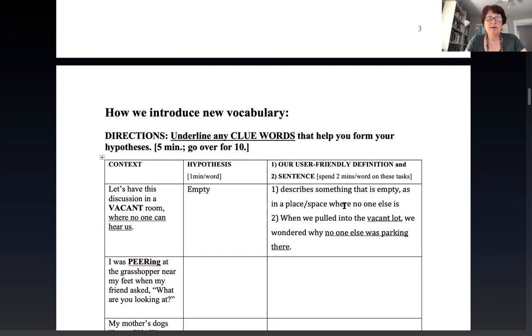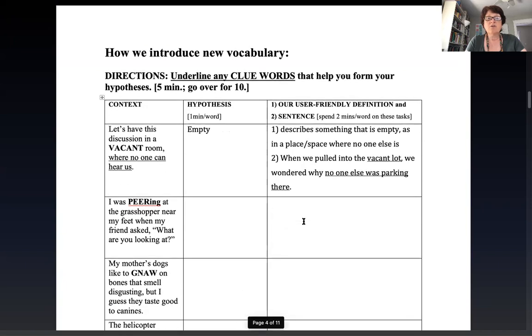And then depending on how you want to run things, you can ask students to draft their own sentence using context clues. You can give them a minute or 2 to do that. Ultimately, students should walk away with both a user-friendly definition and another sentence that uses the word in context.